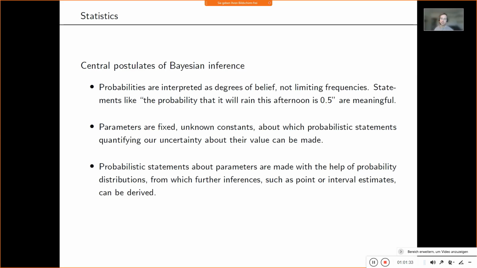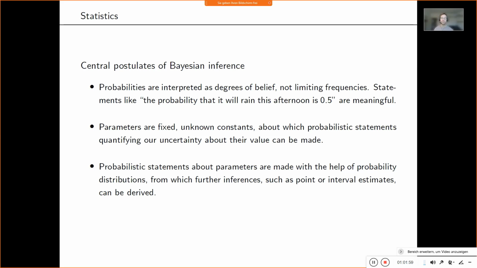Bayesian statistics interprets probabilities as degrees of belief, not limiting frequencies. That means that you can have statements like the probability that it will rain this afternoon is 0.5, or the probability that Biden will still win Georgia is, I don't know what you think it is.